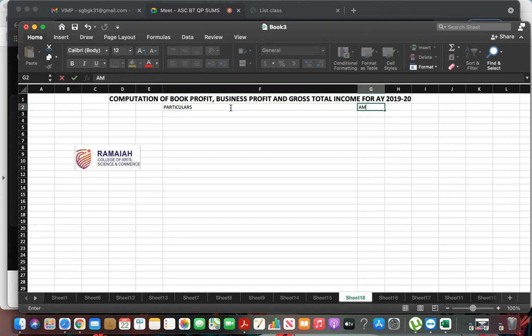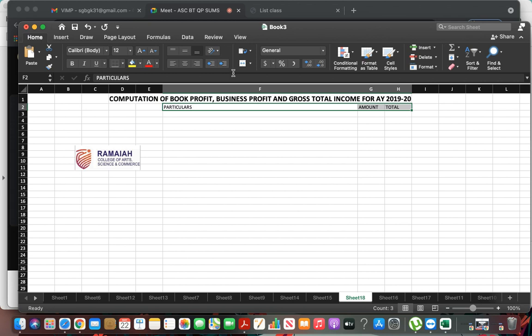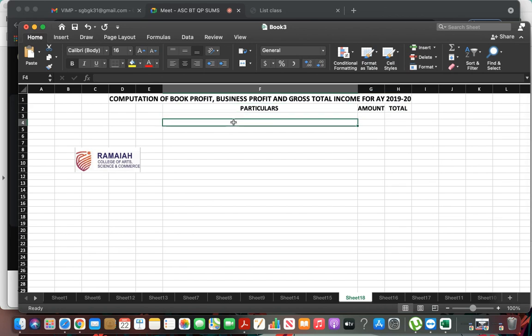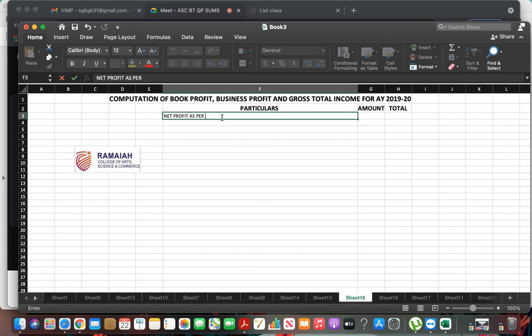Particulars, amount, total. Write down first, net profit as per profit and loss account.